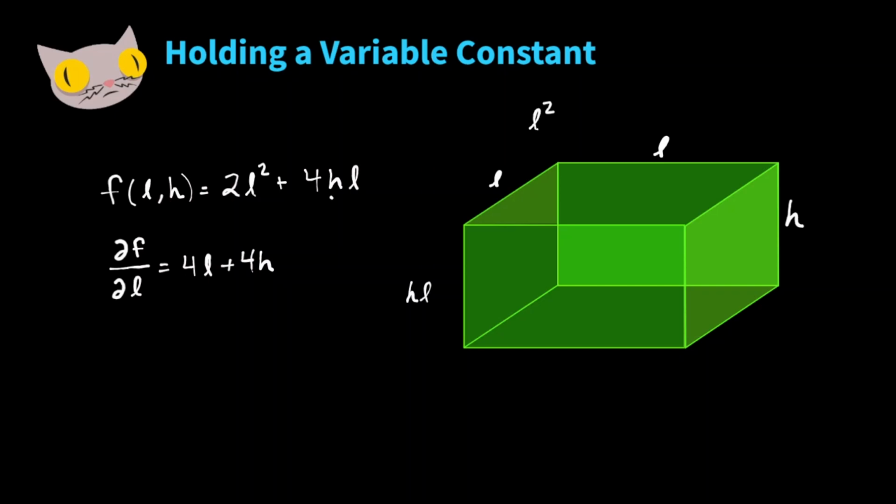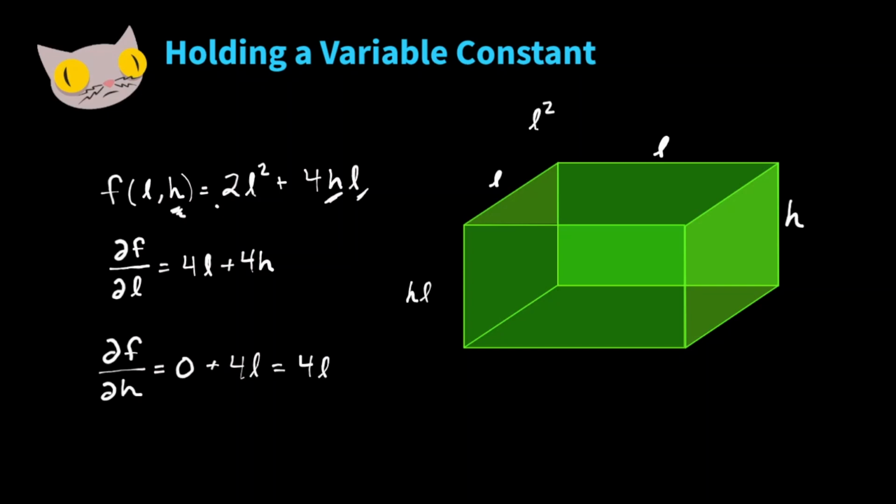You see again, the h didn't go to 0, even though it's a constant, because we have an L being multiplied to it. Now let's find the partial derivative with respect to h. So we have del f del h. That gives us 0 plus 4L, or just 4L.